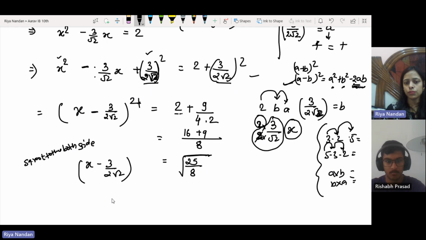Clear up to here? So what is the root 25? 5. And root 4, root 8?